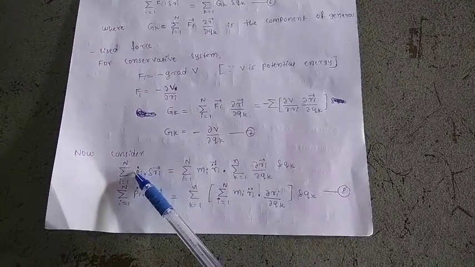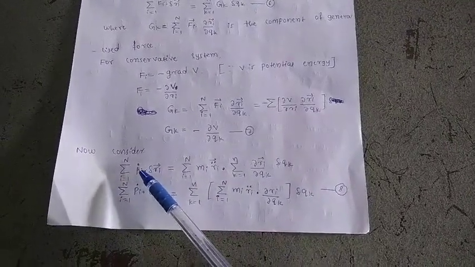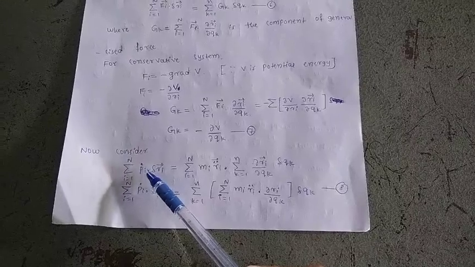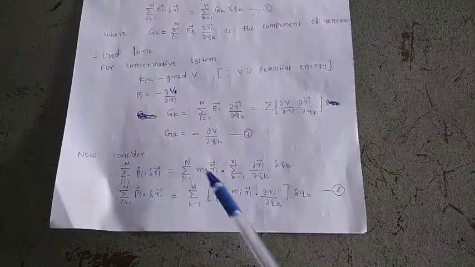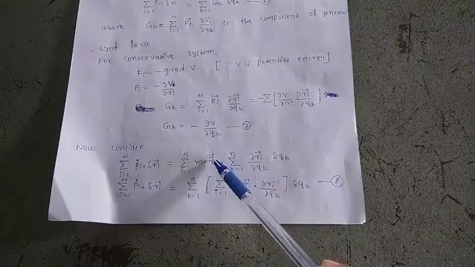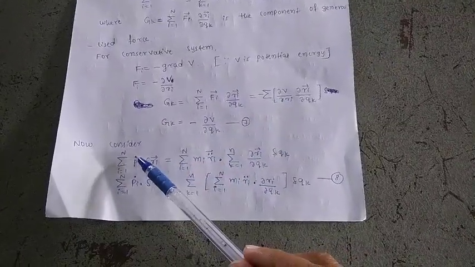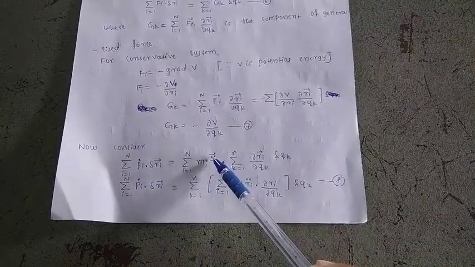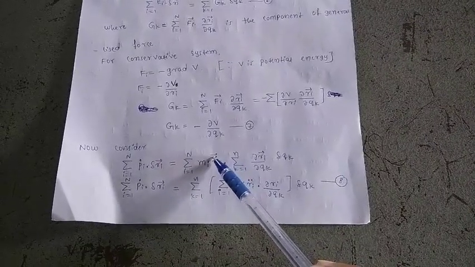Pi means, we know the momentum formula P = mv. Here velocity is the rate of change of the position vector with respect to time, that is Ri dot. Already one dot is there, that's why we take the double derivative, Ri double dot.